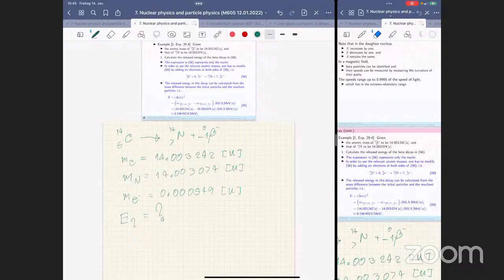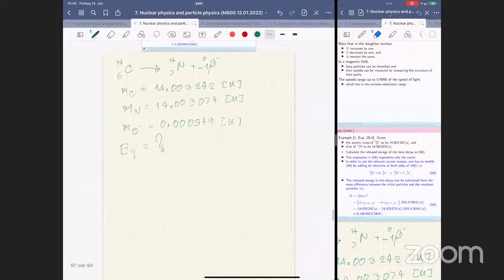The way to do that is the following: you have to convert the excess mass by 931.5 MeV per atomic mass unit, from delta M to E, the released or liberated energy.